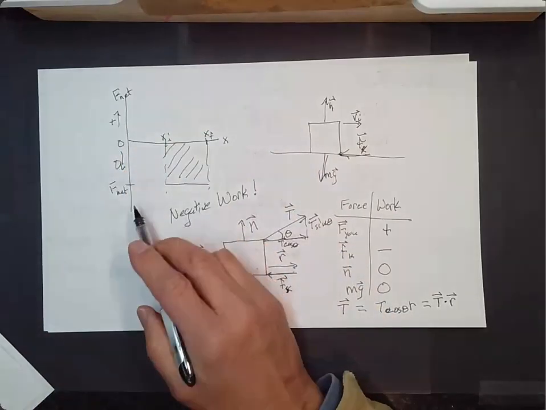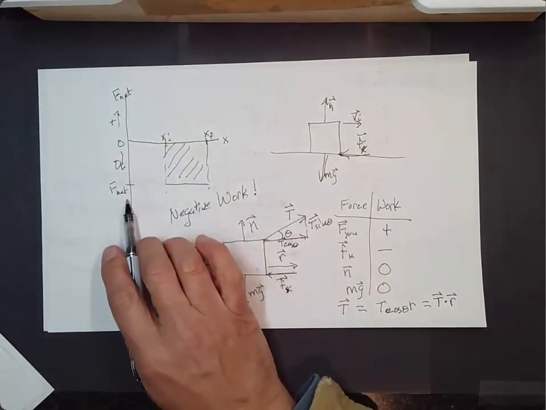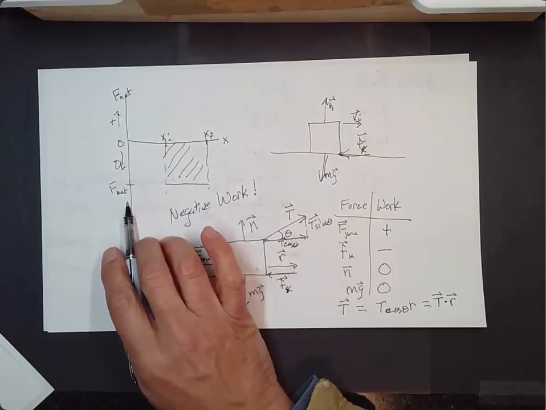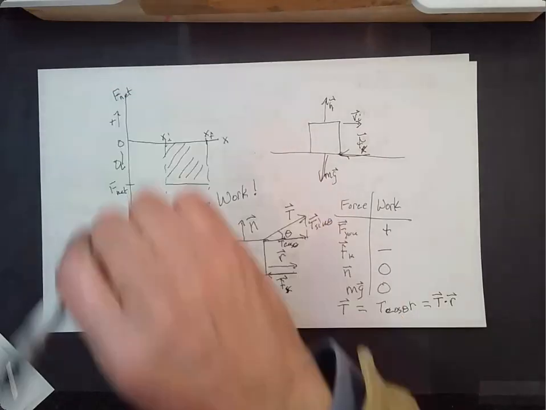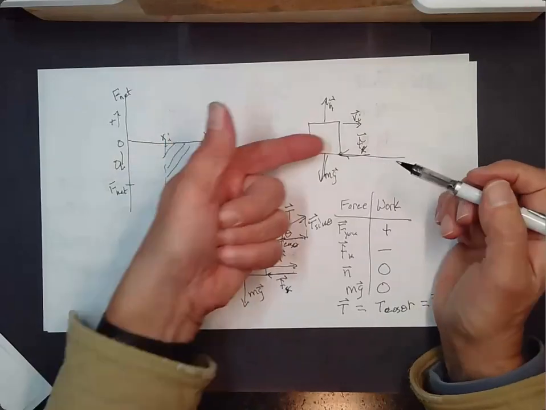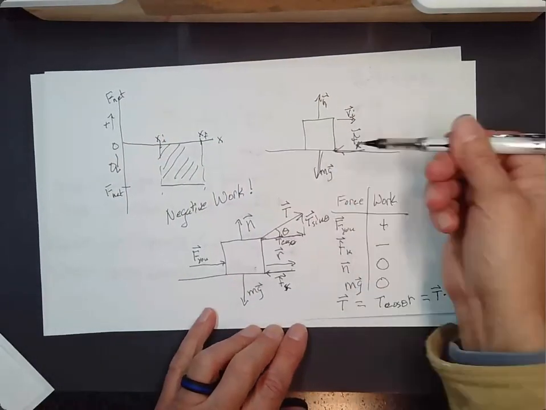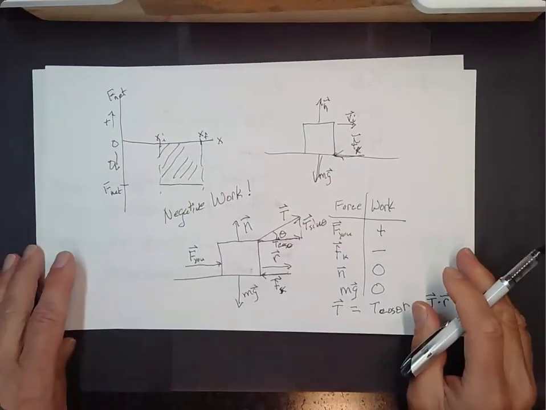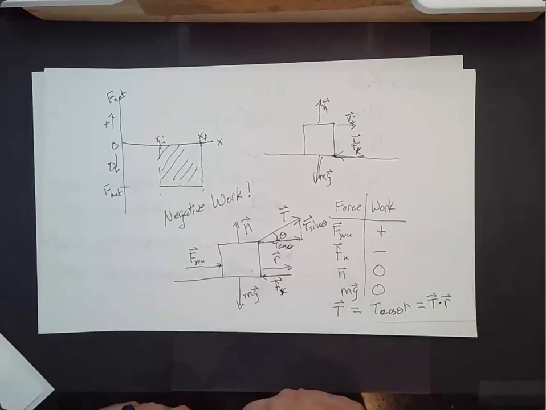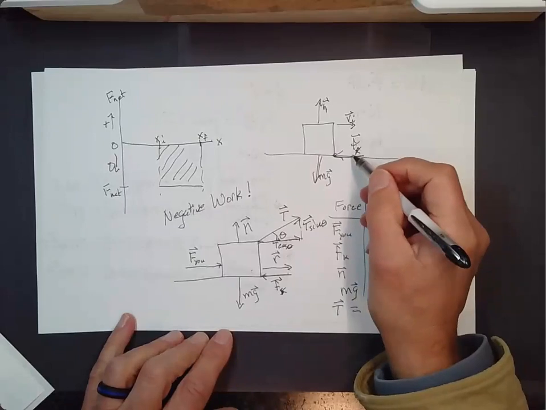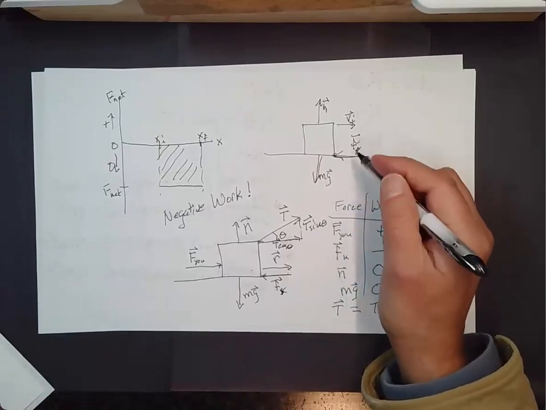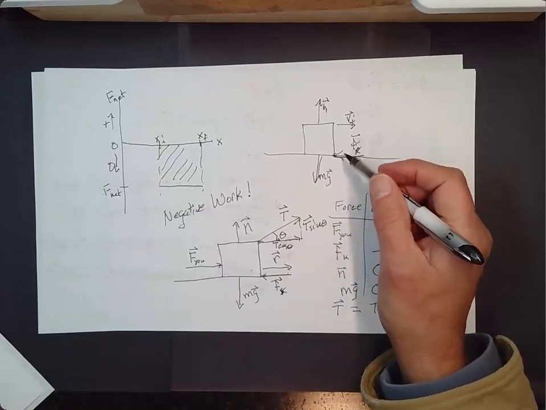That means its direction is pointing in the opposite direction of the displacement. So if the object is moving to the right, the force would be pointing to the left. It would be like a frictional force. It acts to slow the object down.